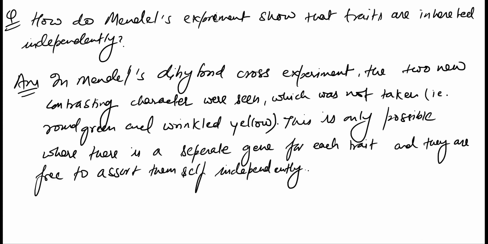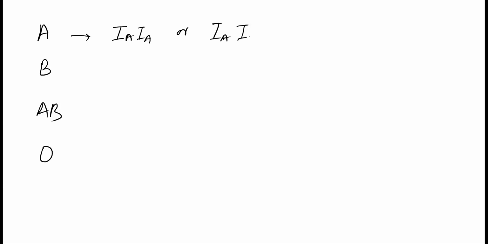Yes. Okay. Now there is a blood group concept also, that how the blood groups are being studied. There are four types of blood group: A, B, AB, and O. A blood group is when we get IA or IO.